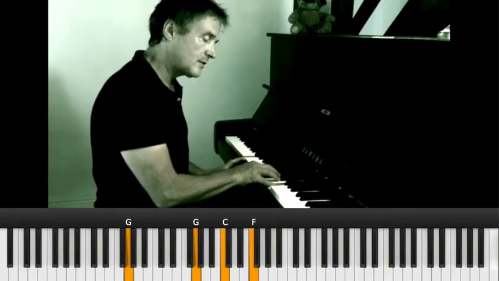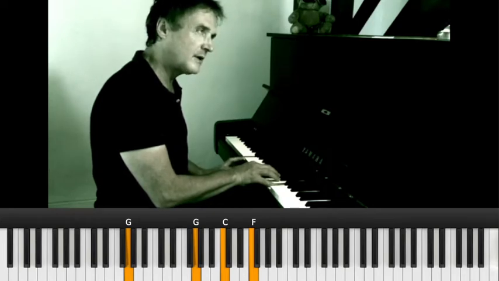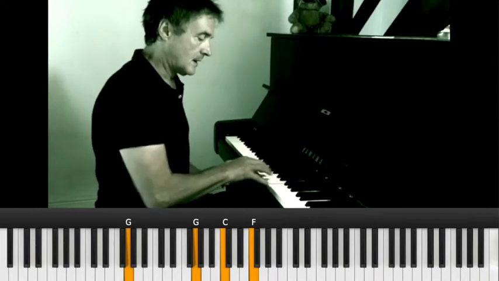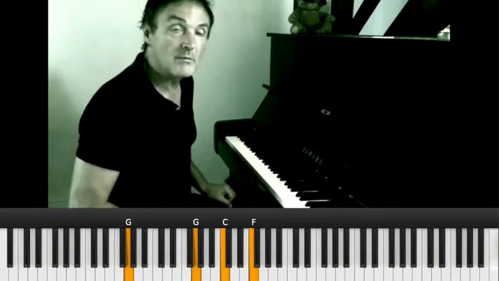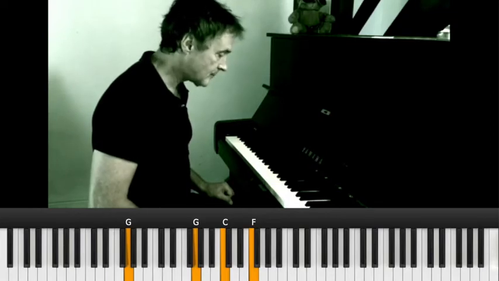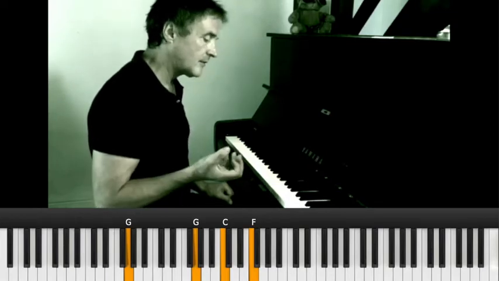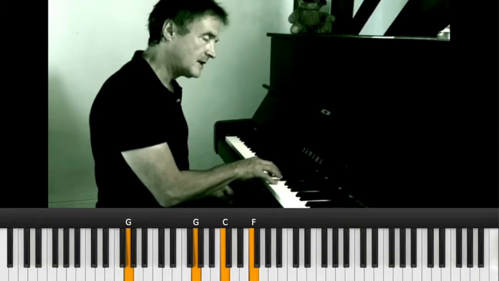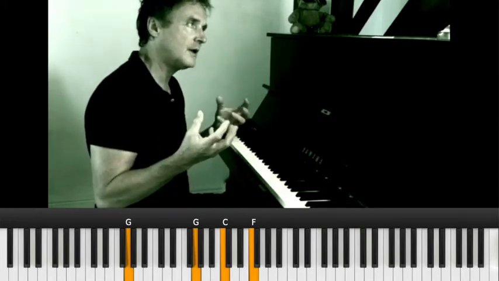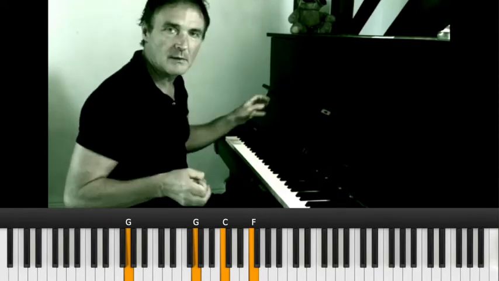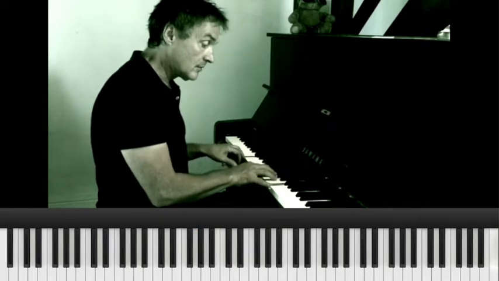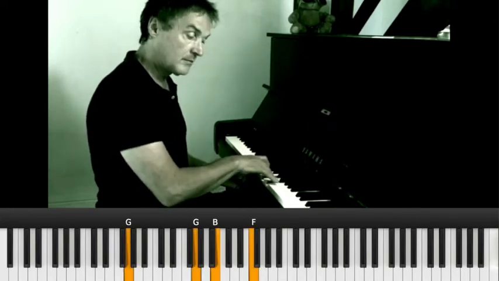So now this chord is ambiguous. We don't really know if it's major or minor. And that's the reason why we can move it anywhere that we want to on the keyboard, because it doesn't have that major third. So all the principles of Western harmony are kind of being thrown out the window a little bit, because normally if we hear this, these two want to pull up to here.